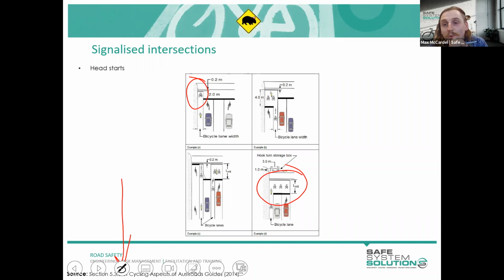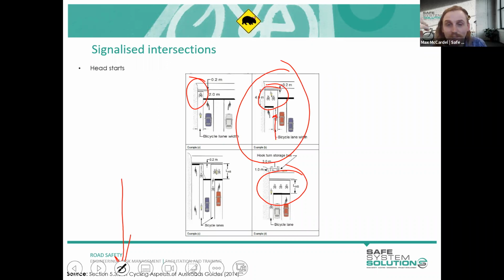It can be used as a wayfinding tool. So for instance, in example B, I have got the bicycle lane, which is going straight, and then the bicycle box or the head start box, which covers both the left turn and the straight, the through there.